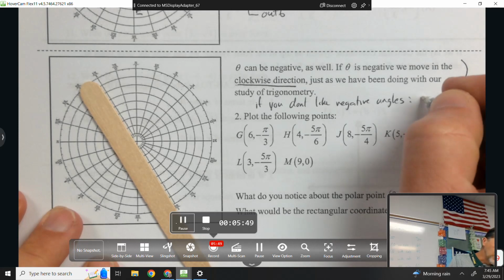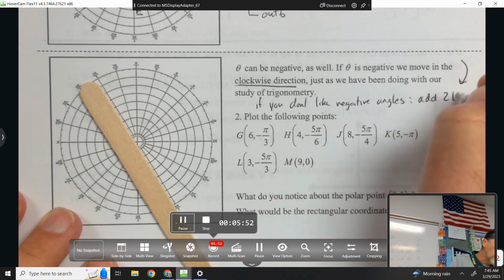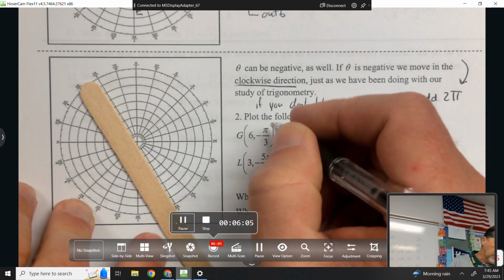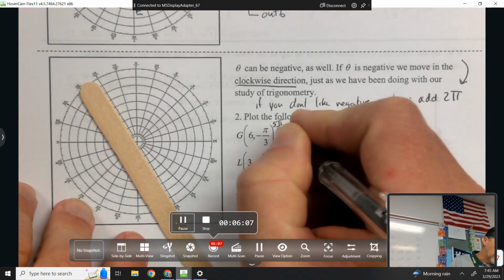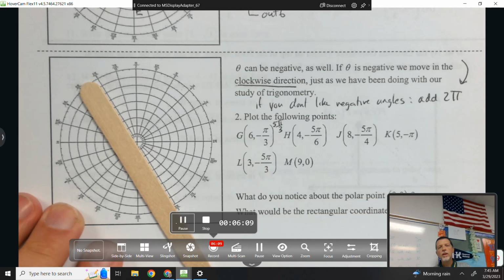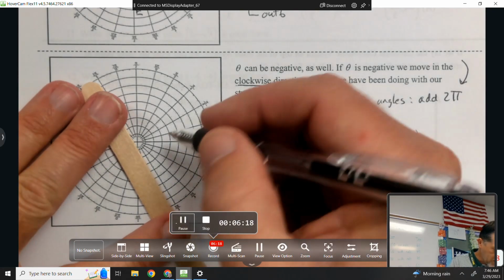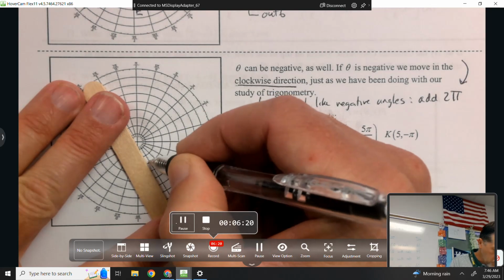But if you don't like the negative angles, you can always add 2 pi. Maybe pi over 3 is easy to go backwards, but when you get to something crazier, you're like, I think I want to add 2 pi to that. So if you add 2 pi to negative pi over 3, you'd get 5 pi over 3. So if you need to do it that way, that's fine. Rotate around positively to 5 pi over 3, or rotate backwards pi over 3, and then go out 6. 1, 2, 3, 4, 5, 6.